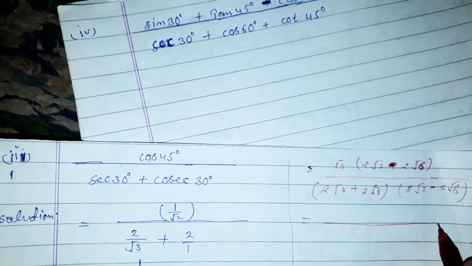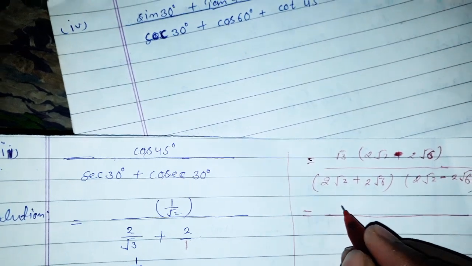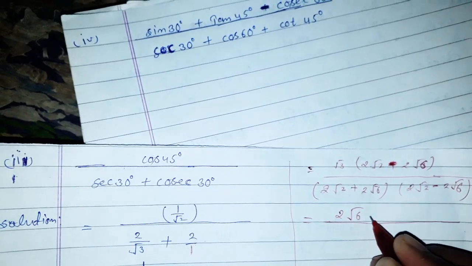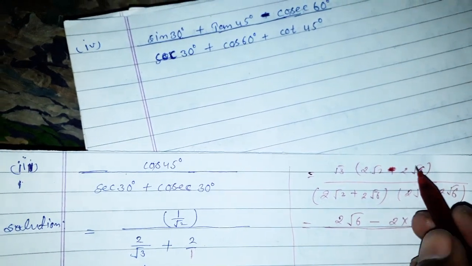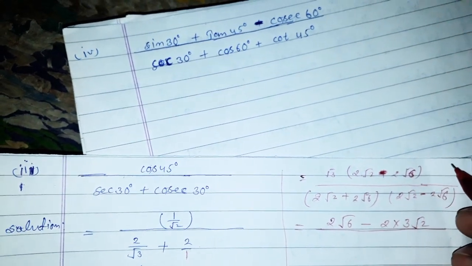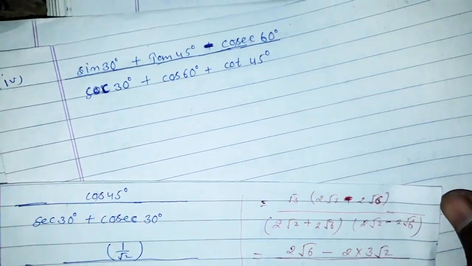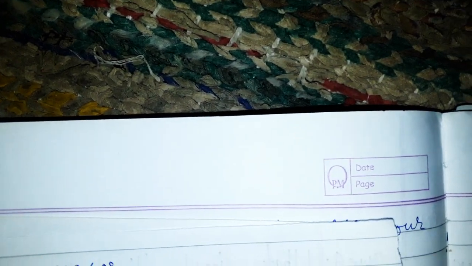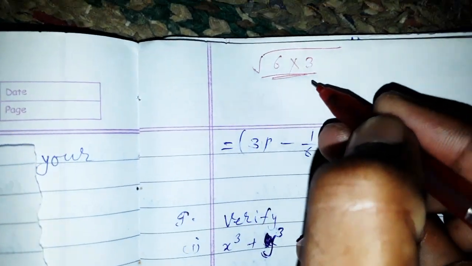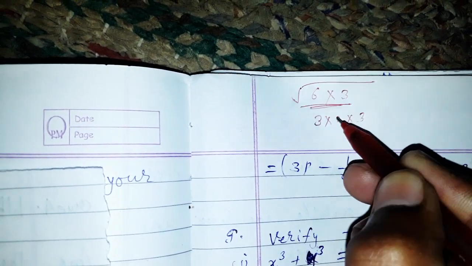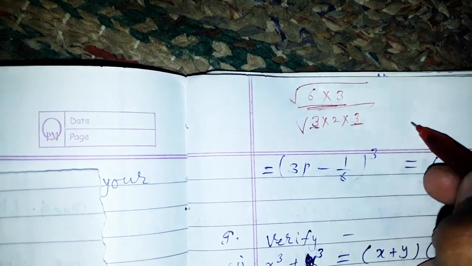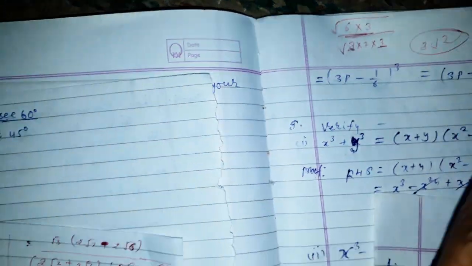Multiply the value by root 3, so this is 2 root 6 minus 2 into 3 root 2, because of the multiplication. 6 into 3, that is 3 into 2 into 3, so the square root is 3 root 2.